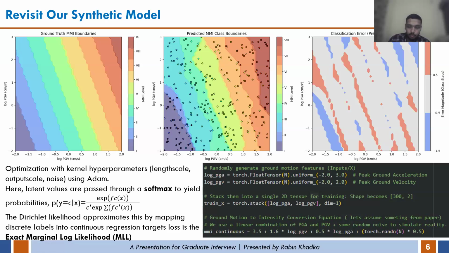So the main math behind it is Gaussian process classification itself, and we can see the ground truth MMI boundaries here that come from the equation itself, and the boundary separation from the randomly generated data. Those boundaries are very important because they define whether my intensity lies in the higher or lower intensity region.